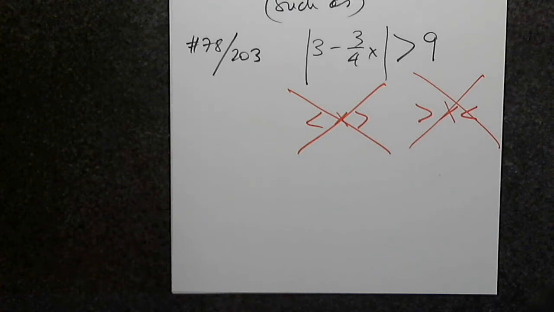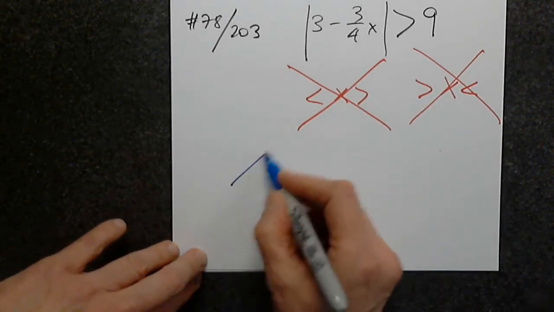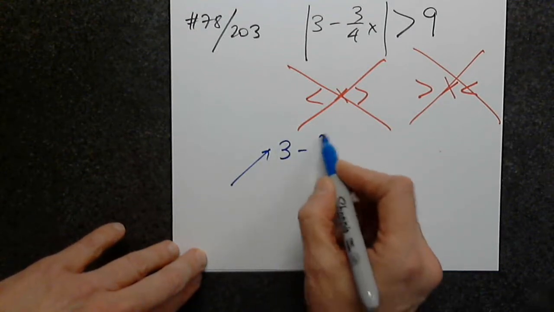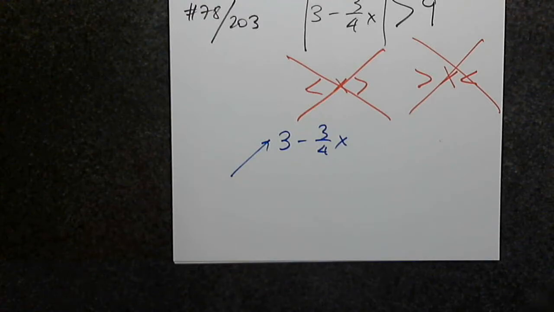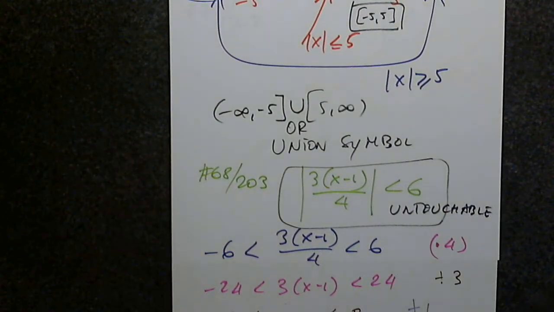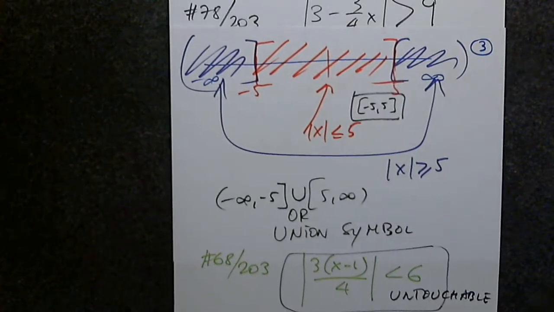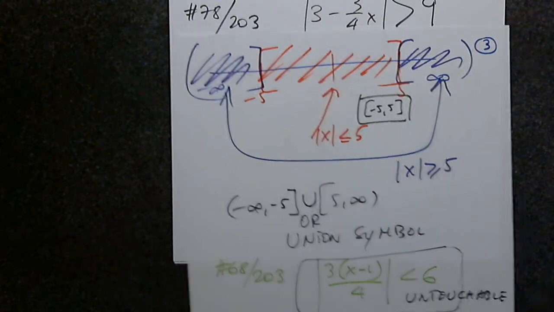Okay, so what are the two options here? Is it the same, like -9 and 3 minus 3/4 x? We have to go back to what we just did, based on what we just wrote here. So what do we write?